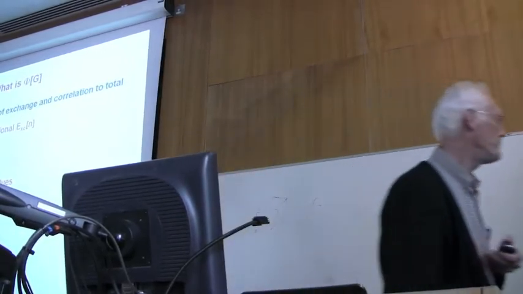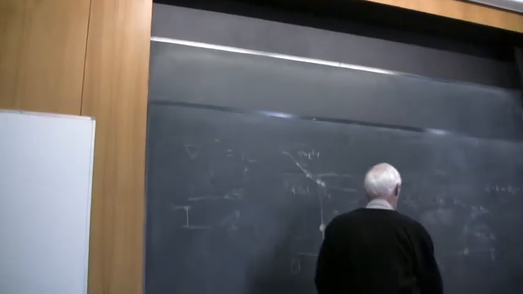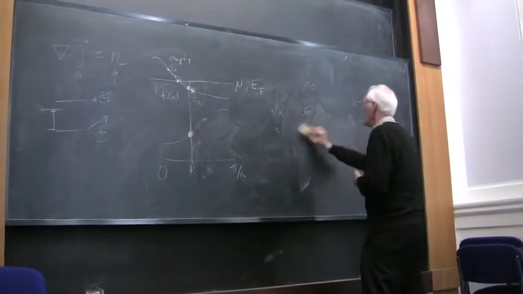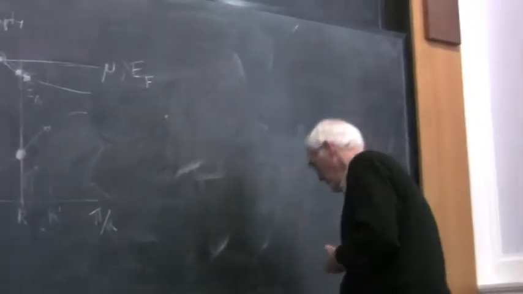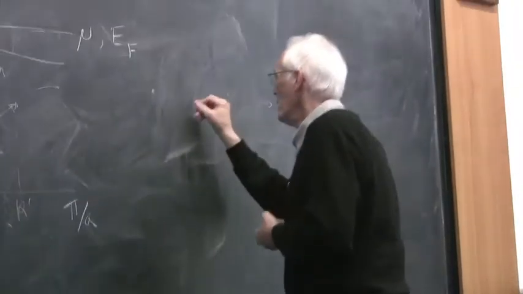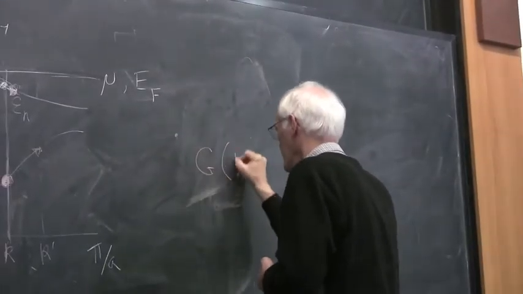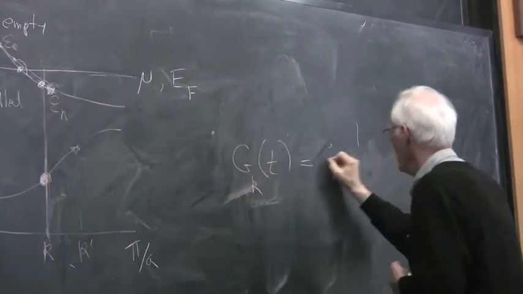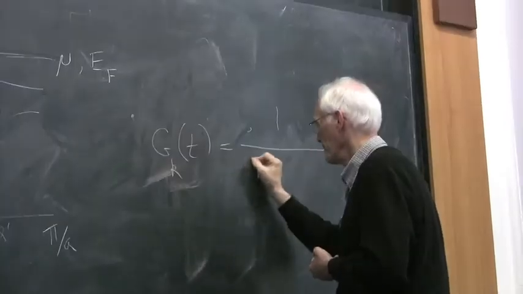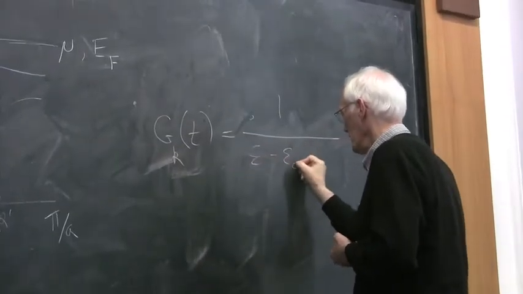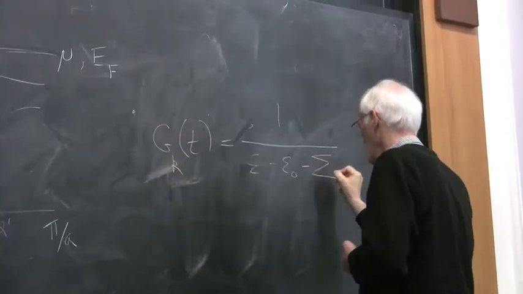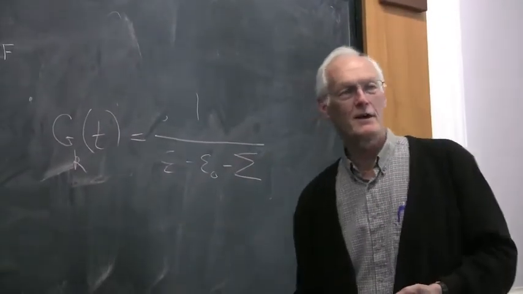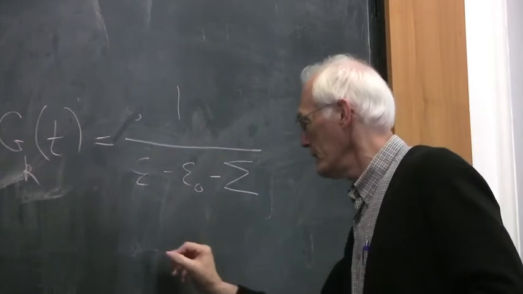There it is. Green's function of time. That looks exactly like the Kohn-Sham picture.